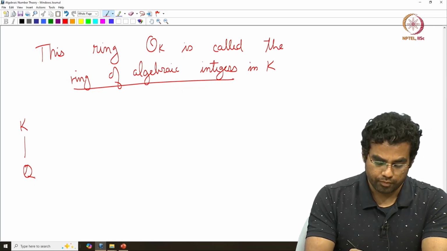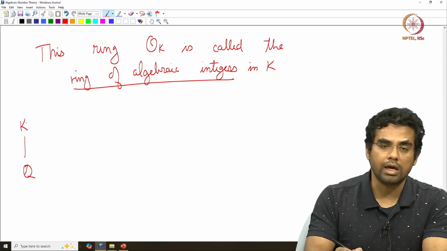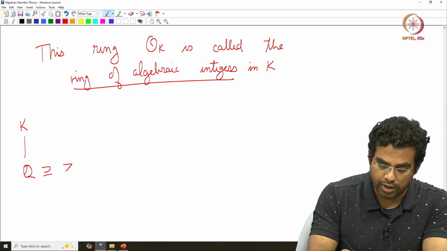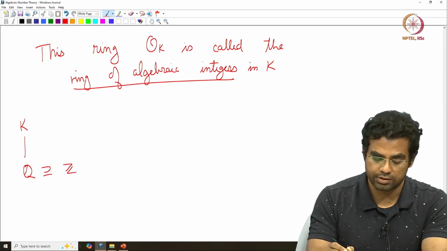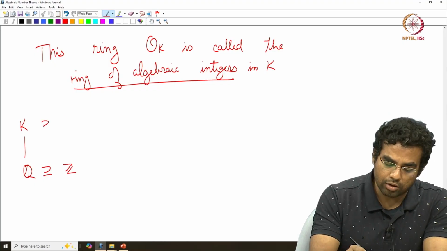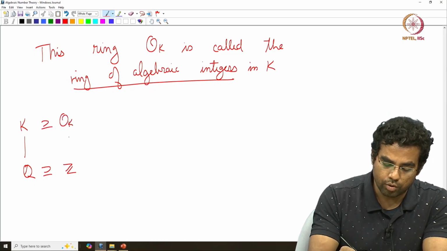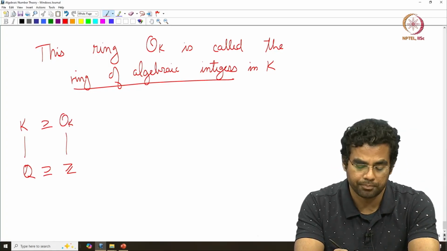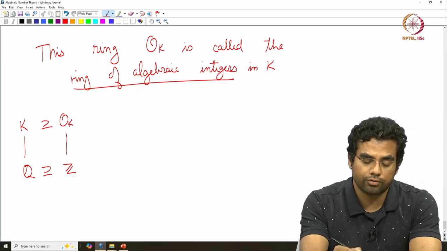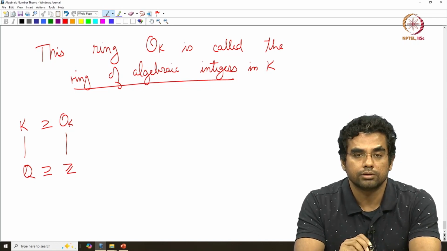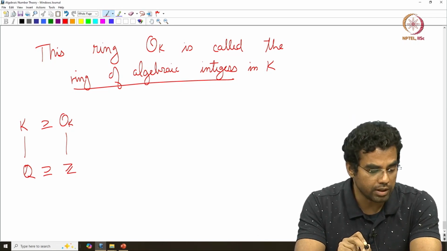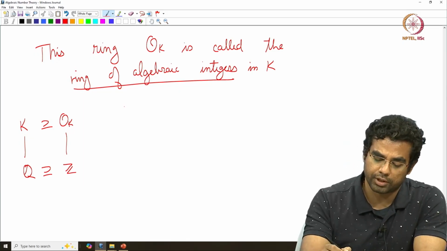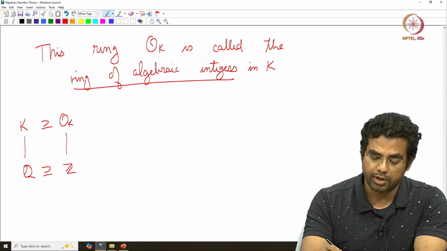So, Q is at the base and then K is a finite extension of Q. Inside of Q we have Z, these are integers, and the analog of this in K is O_K. You should think of O_K as an analog of Z. That is why they are called algebraic integers, and we are going to prove a bunch of properties of these algebraic integers.